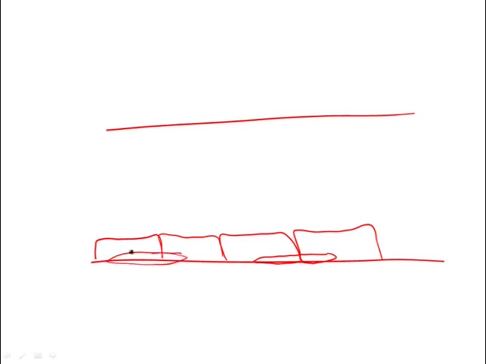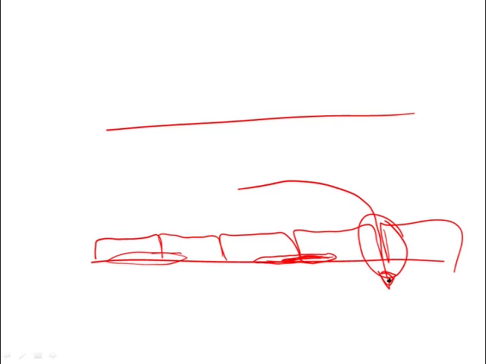Now, the pericyte contains contractile function, and when this pericyte contracts, it will pull apart the endothelial cells. Let's pretend that these are two endothelial cells. When this contracts, it will open up the space between them, and that opening allows fluid to leak from the postcapillary venule out into the tissue space.